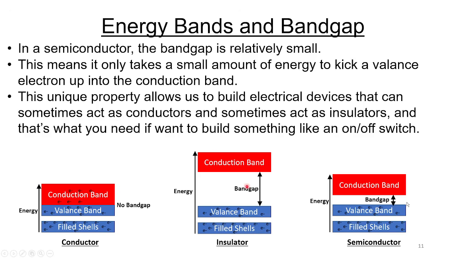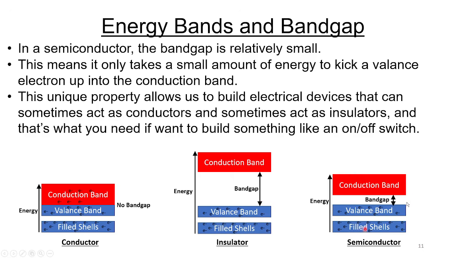In a semiconductor, the band gap is relatively small. This means it only takes a small amount of energy to kick a valence electron up into the conduction band. This unique property allows us to build electrical devices that can sometimes act as conductors, sometimes act as insulators, and that's what you really need if you want to build something like an on-off switch. And we show a diagram for a semiconductor off to the right here.